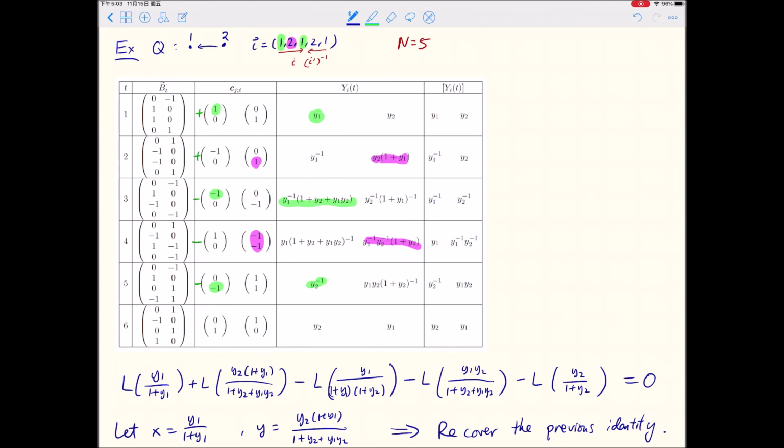So this is the way we deal with Dilogarithm identities. It turns out that these can naturally be generalized to a quantum version.